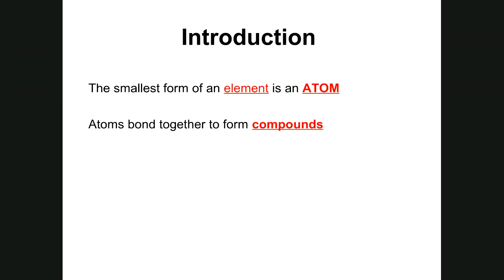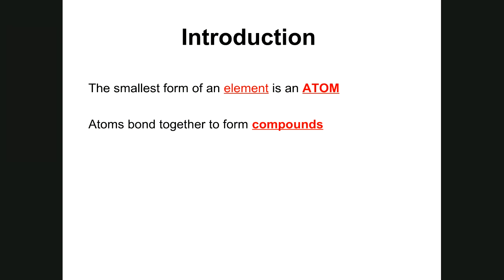An element is very unique. It has a unique number of protons. For example, if an element has 10 protons, you are not going to find another element that has 10 protons.